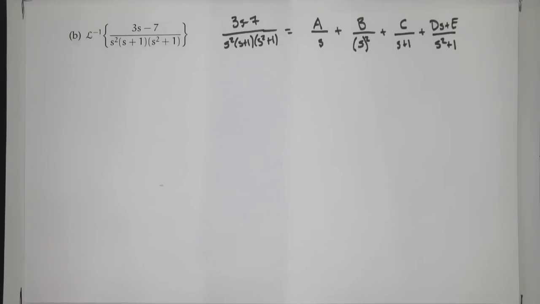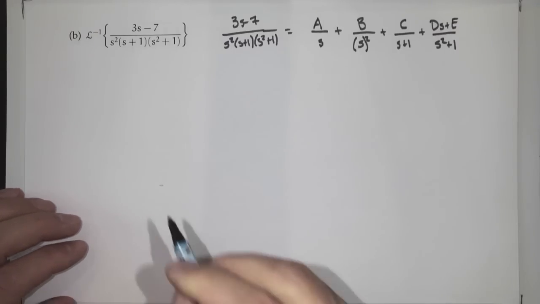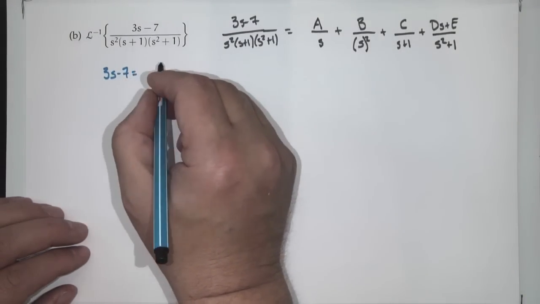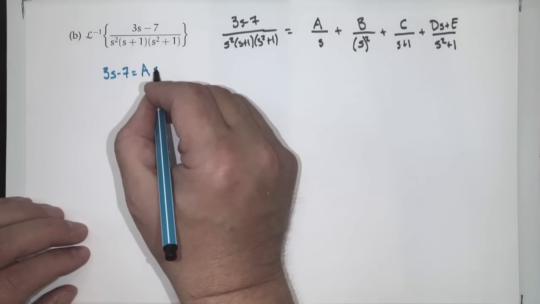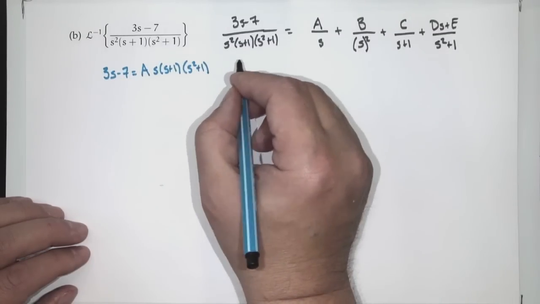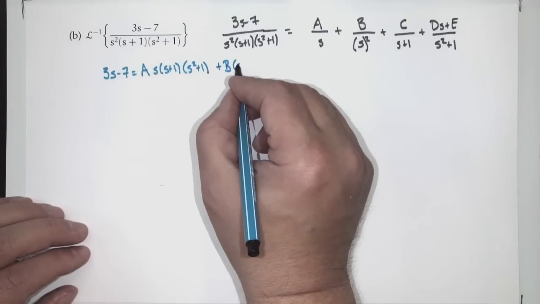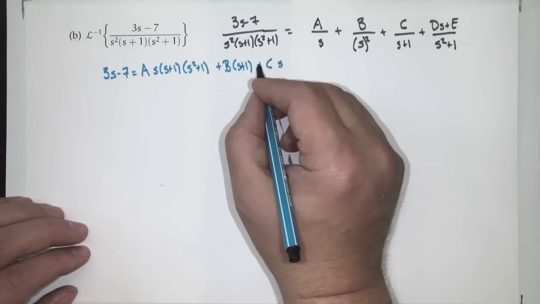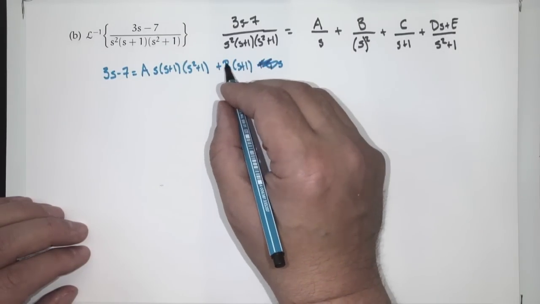All right. So the method, you set it up, and then clear your denominator. 3s minus 7 would be equal to a times s plus 1 times s squared plus 1 plus b times s plus 1 plus c times, oops, I forgot to add some terms. I was so excited.